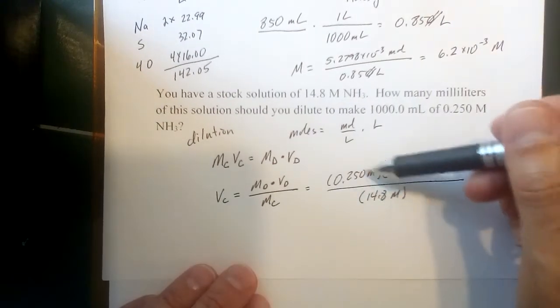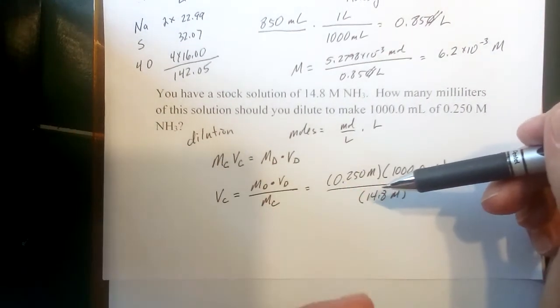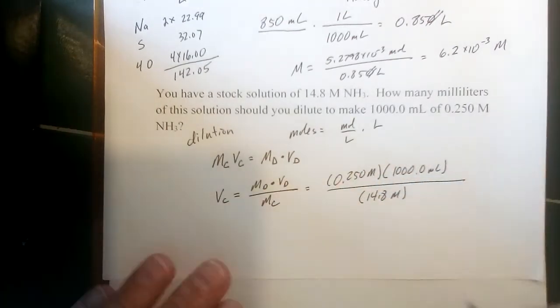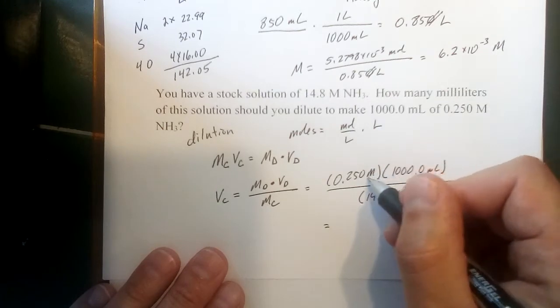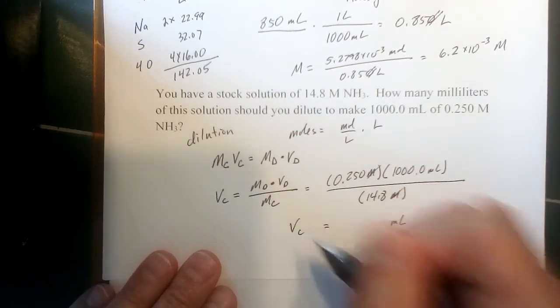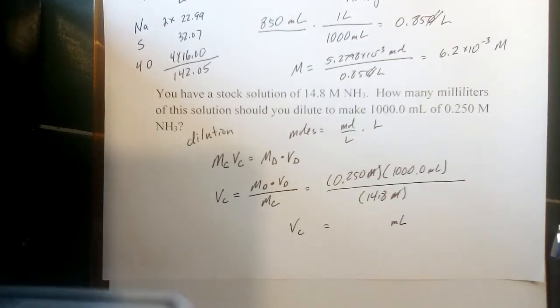Right? And here's where dilute and concentrated help, because if you flip those around, they're both molarities. If you don't know which one is 1, which one is 2, you can maybe get this upside down. Molarity is going to cancel out here. We'll be left just with milliliters, right? And this again will be the volume of the concentrated solution that we're looking for.